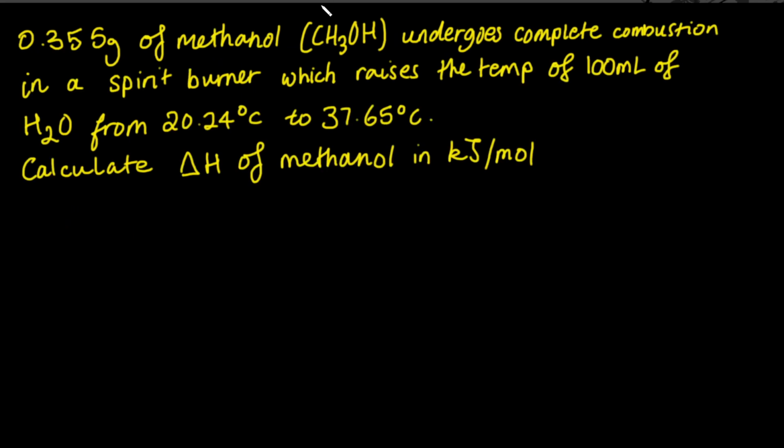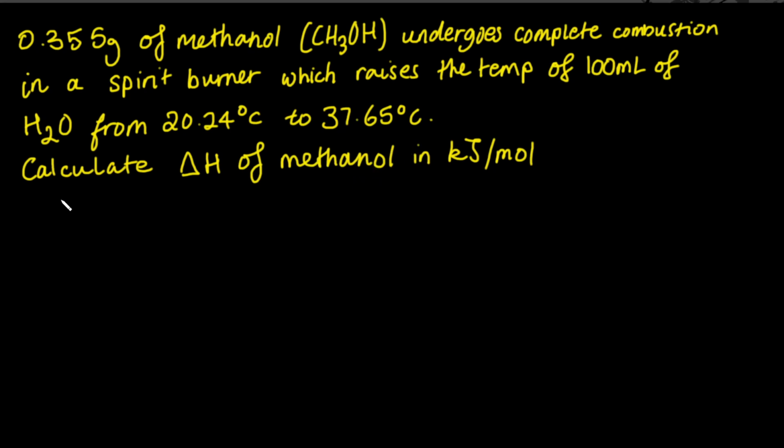Okay, so I've just written an example here, which states the following. 0.355 grams of methanol, or CH3OH, undergoes complete combustion in a spirit burner, which raises the temperature of 100 mL of water from 20.24 degrees Celsius to 37.65 degrees Celsius.